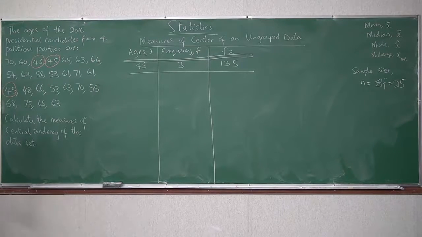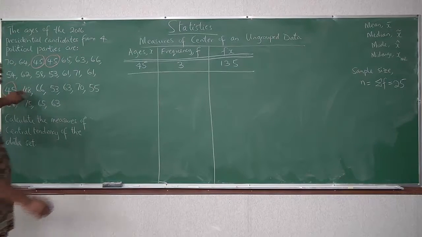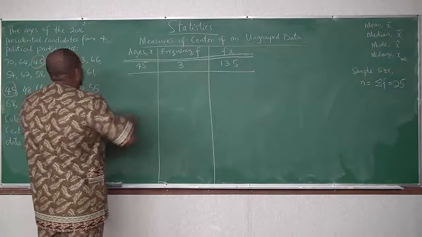Then the next data value: do we have 46? We do not. 47, we do not. 48, we have. Somebody is 48.